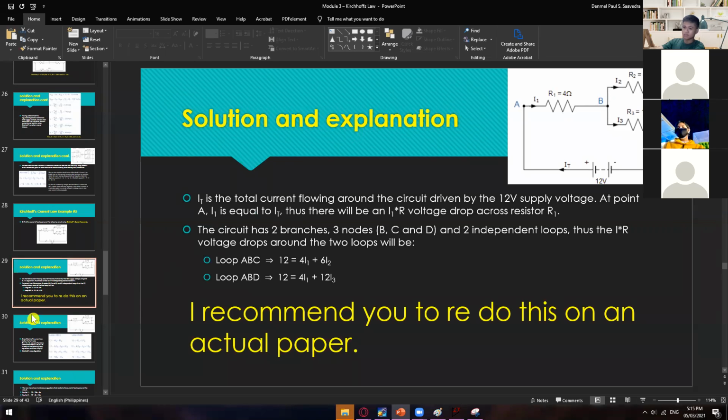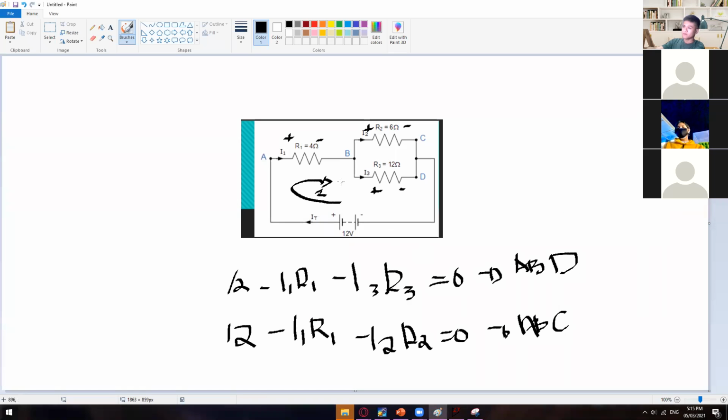For the KCL part, as you can see, we have this node B, wherein we have I1 flowing in, and then we have I2 and I3 leaving the node B. So I sub 1 minus I sub 2 minus I sub 3 is equal to 0. And then from there, you can have this formula: I sub 1 equals I sub 2 plus I sub 3.